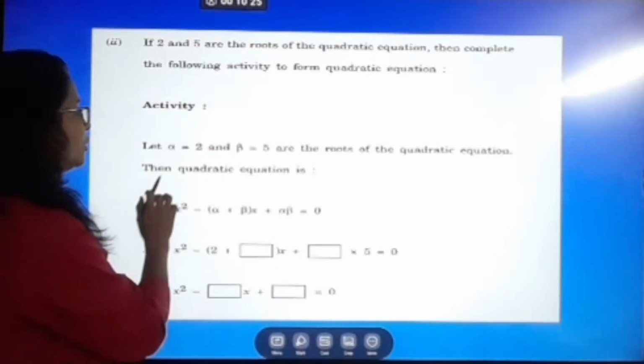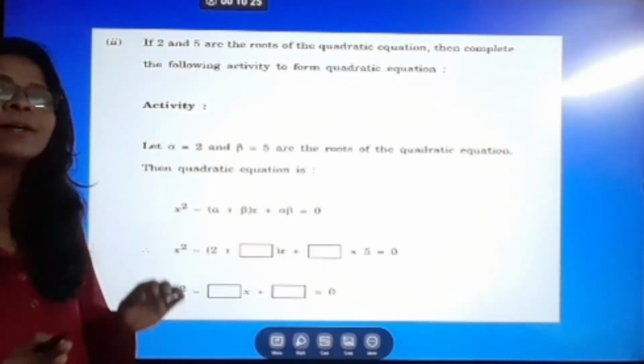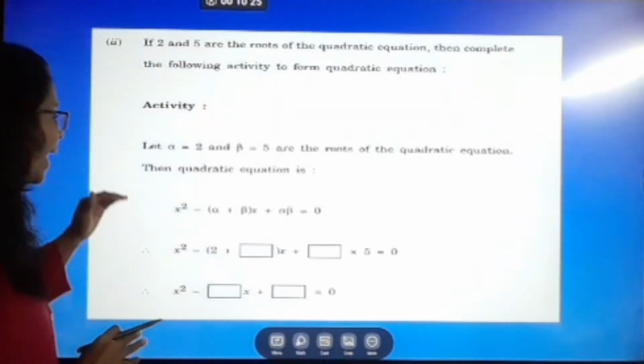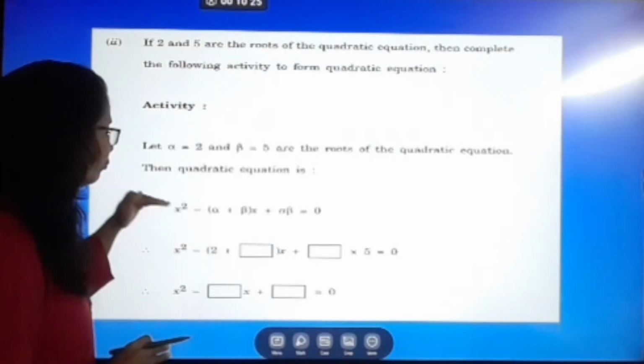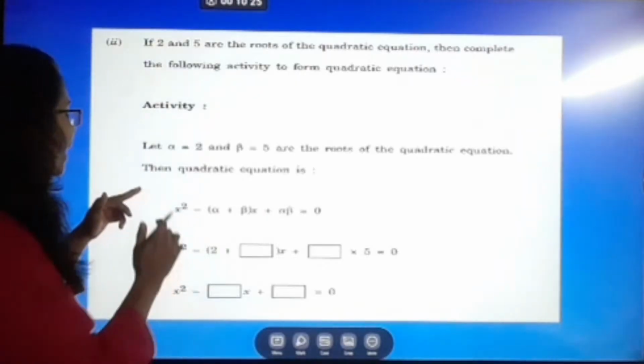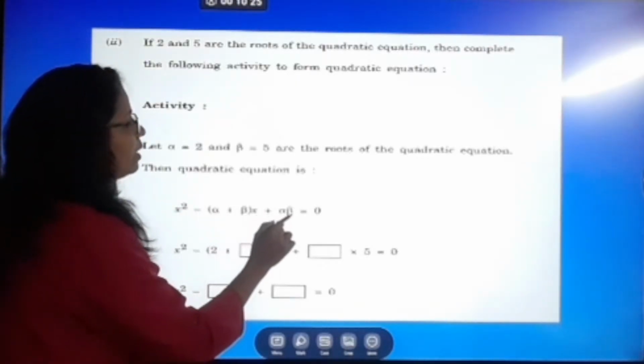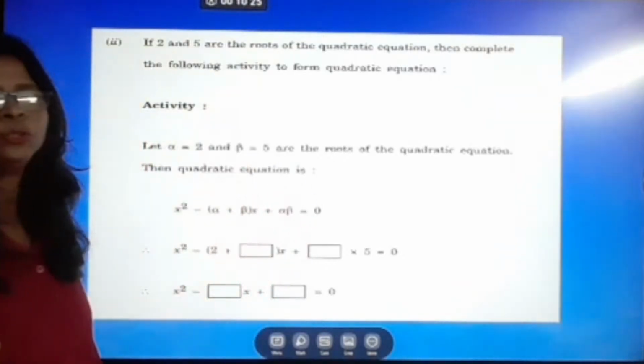Then the quadratic equation is, so now here students, this is the formula for the quadratic equation, and that is x square minus (alpha plus beta) x plus alpha beta is equal to 0.